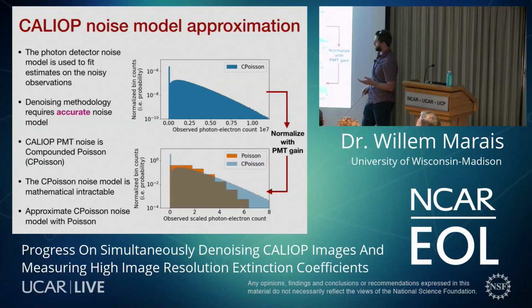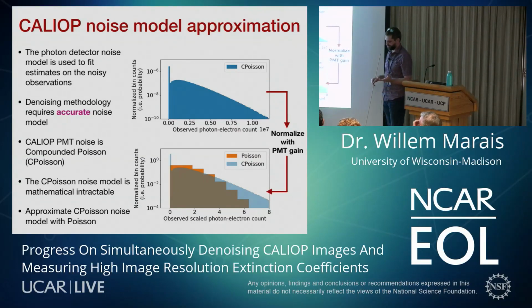So how we do it is, what I've noticed is that if you normalize the output of your PMT with the gain of the PMT, because it amplifies the signal, the noise model that you get with the normalized PMT output values can be approximated with a Poisson probability mass function or Poisson noise model.